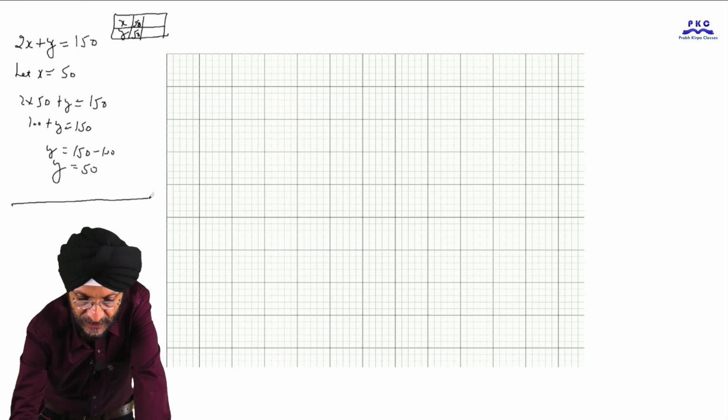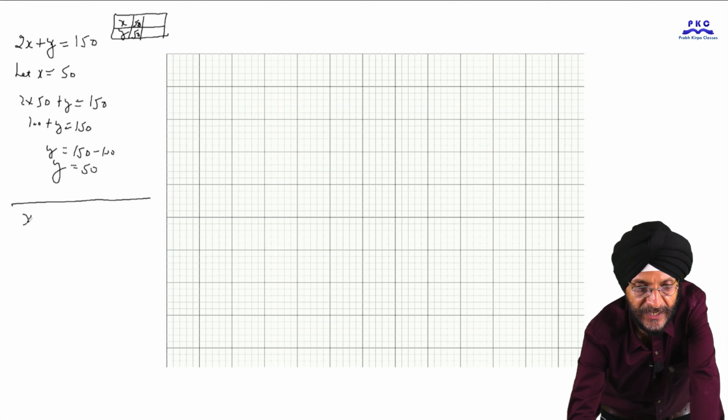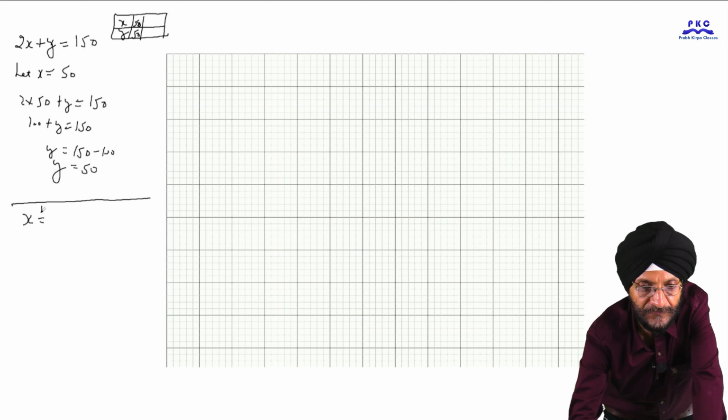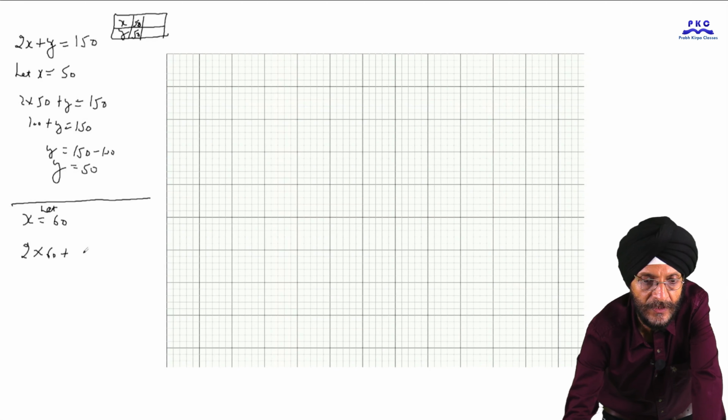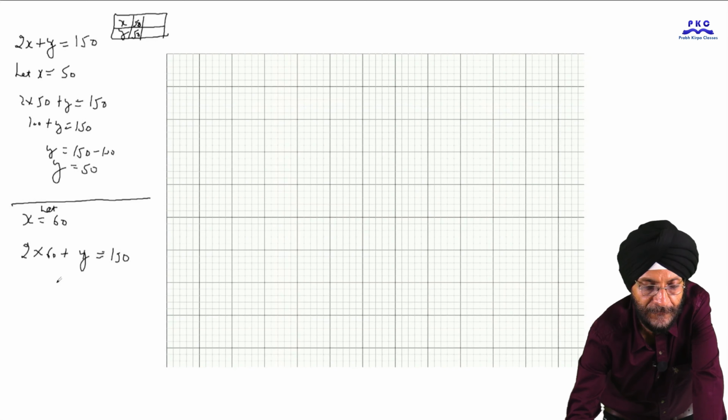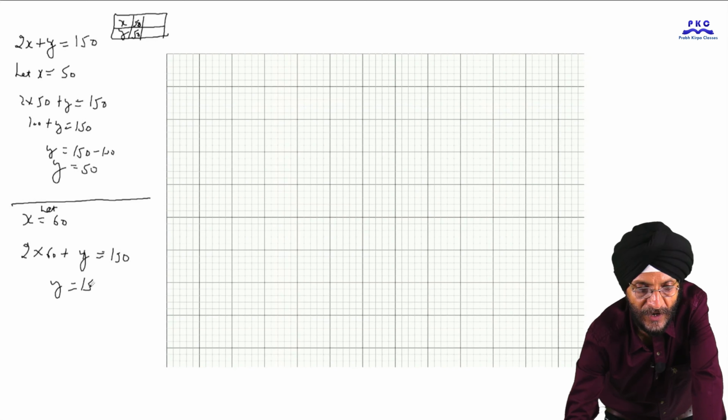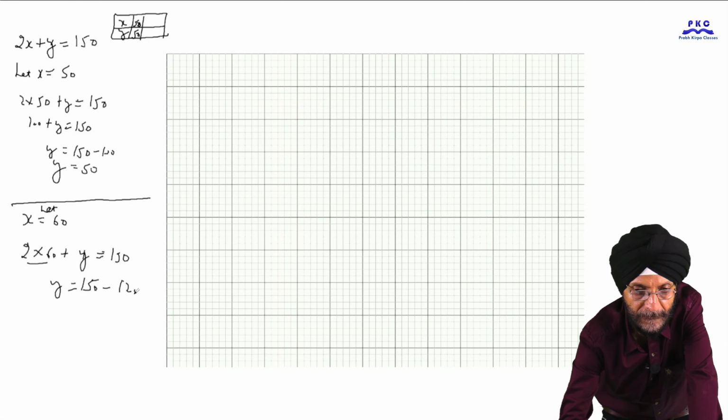So we take another instance. We again take x, let x be equal to 60. What will happen? 2 into 60 plus y is equal to 150. y is equal to 150 minus 120, because it will go to the other side.